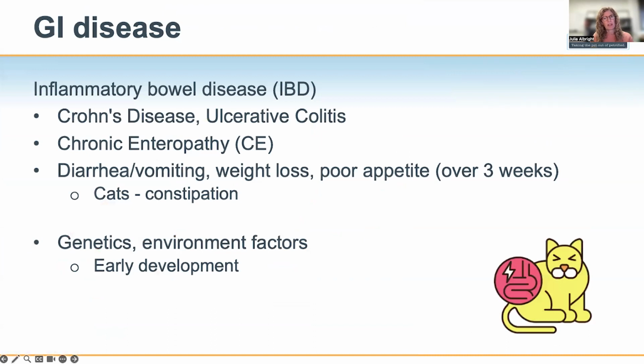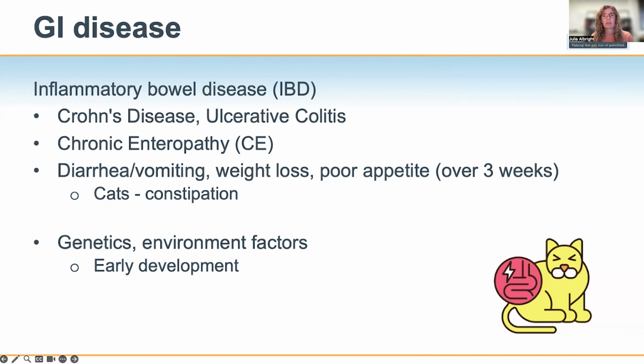So what diseases have been linked to dysbiosis? Let's first start locally at the gut. One gastrointestinal disease that's received much attention in both people and pets is inflammatory bowel disease. In people, diseases like Crohn's and ulcerative colitis are types of IBD. In veterinary medicine, we more commonly refer to this as chronic enteropathy now.